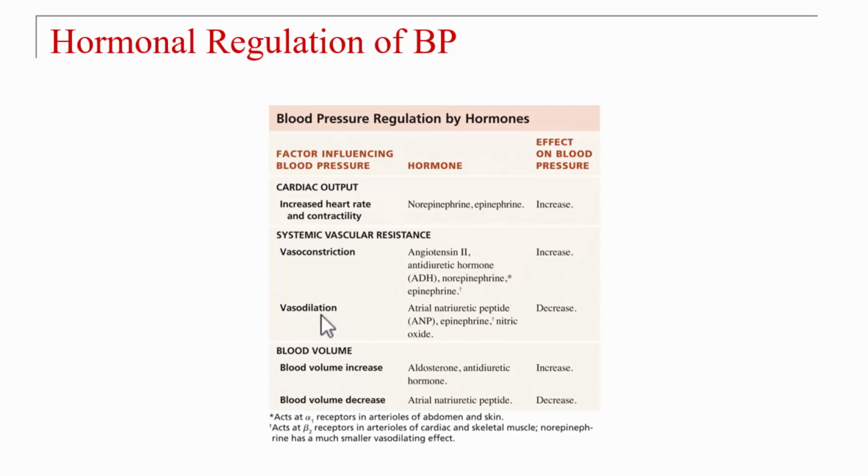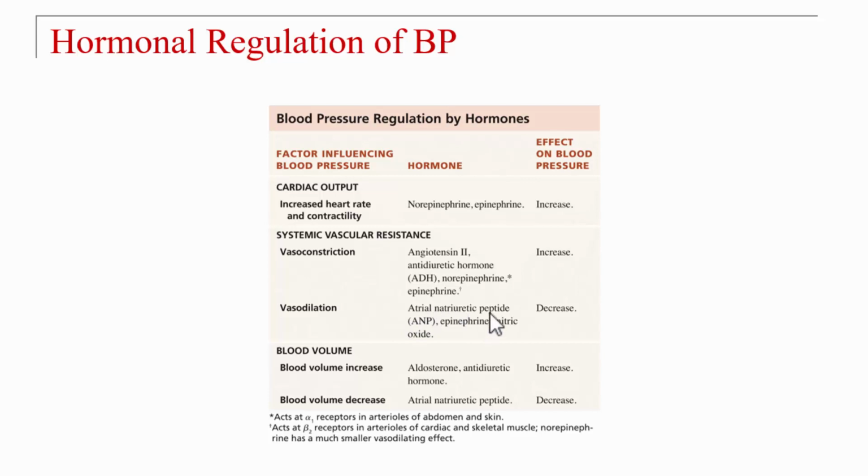Vasodilation, so how do we lower blood pressure? Atrial natriuretic peptide. Okay, that's a hormone. Where do you think that's made? Atrial. What did we learn about that has an atrium? The heart. So this is actually a hormone secreted by the heart.